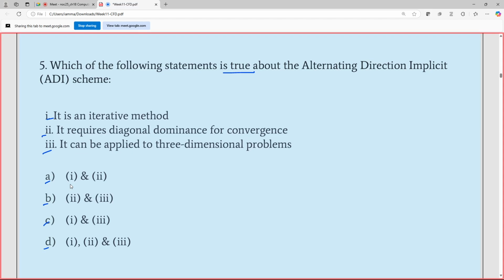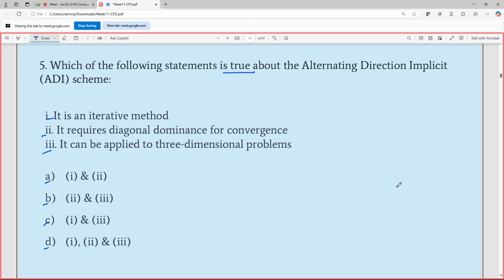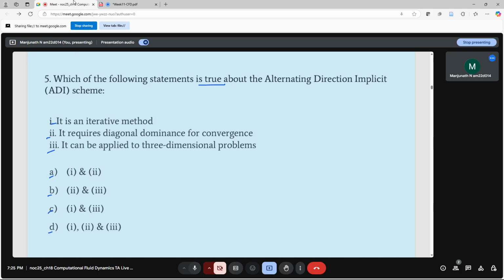You can inbox your answers. Question is about ADI scheme, also known as short form for alternating direction implicit scheme.